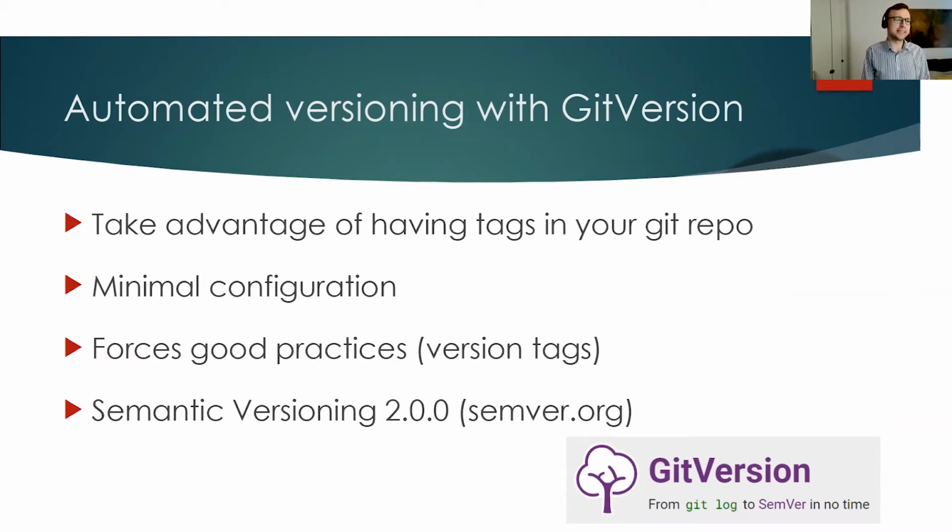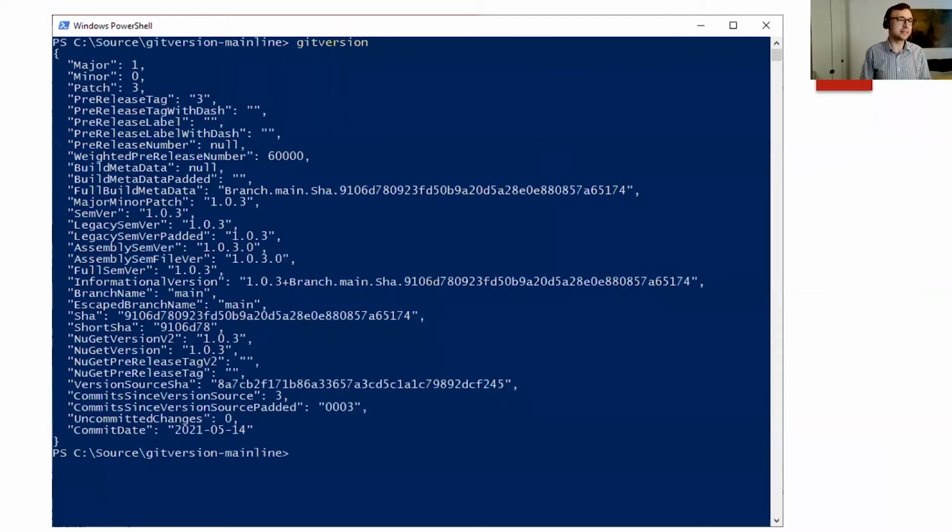And regarding the installation, I will redirect you to the documentation page because there are several options depending on your setup. And this is how to basically use GitVersion. It is as simple as calling a command line interface, which will return a JSON object that contains lots of useful information about the version.